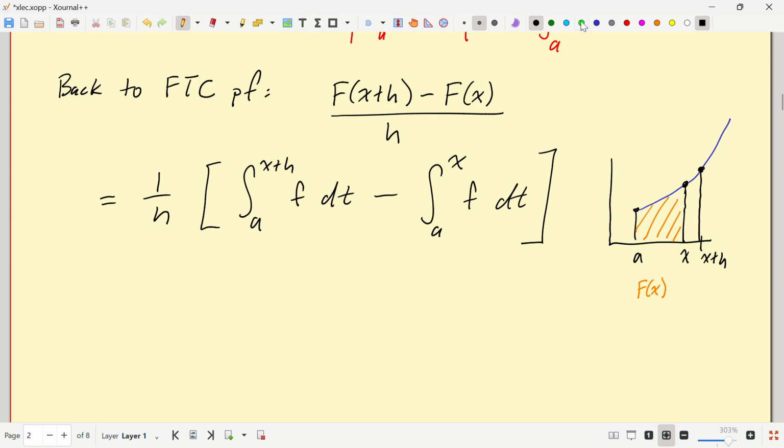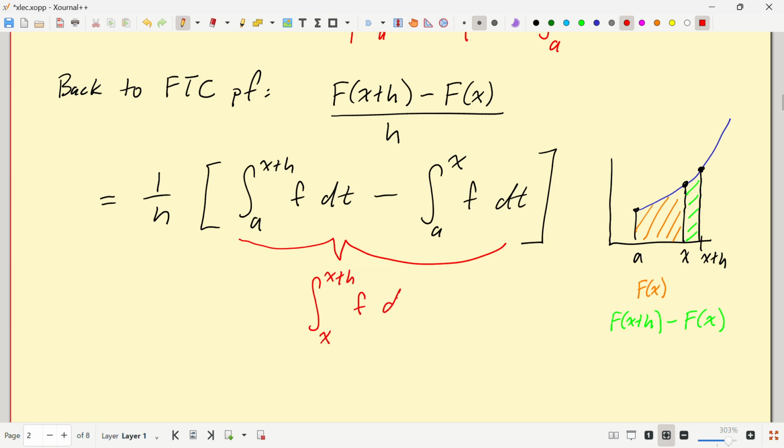And when I subtract those two, what I get left with is this little piece of area. So that green stuff there is f of x plus h minus f of x. And so the aha thing: it looks like possibly a large thing, but when you look at it like that, that's just the integral from x to x plus h of f dt.